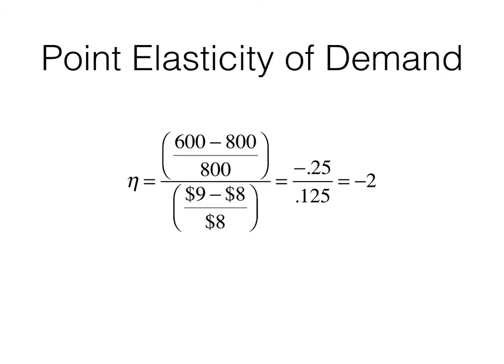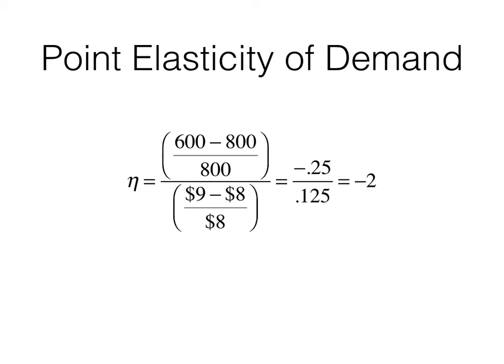Okay, the new quantity is 600. The old quantity is 800, so 600 minus 800 divided by 800. Divide that by the new price minus the old price divided by the old price. 9 minus 8 divided by 8. So the percentage change in quantity demanded is minus 25%. Consumers responded to this $1 increase in price by decreasing consumption 25%.